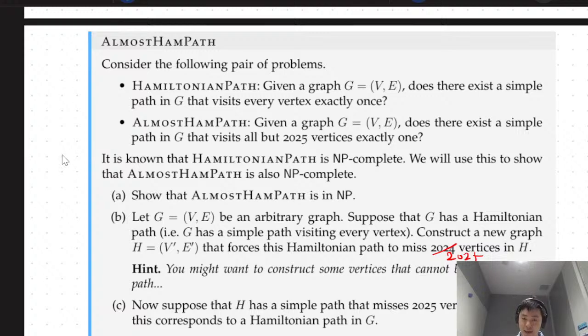Cool. Are there any other questions? If there are no questions, then we'll probably end it here. So next week we will finish off with some more reductions and maybe some linear programming as well.